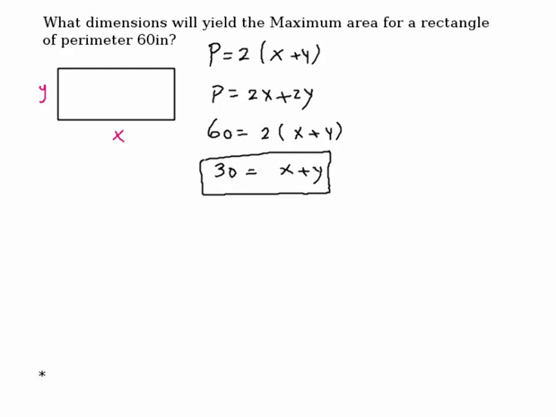Let's go ahead and solve for y. If I subtract x from both sides of the equation, then I would get this equation: y would be equal to 30 minus x.